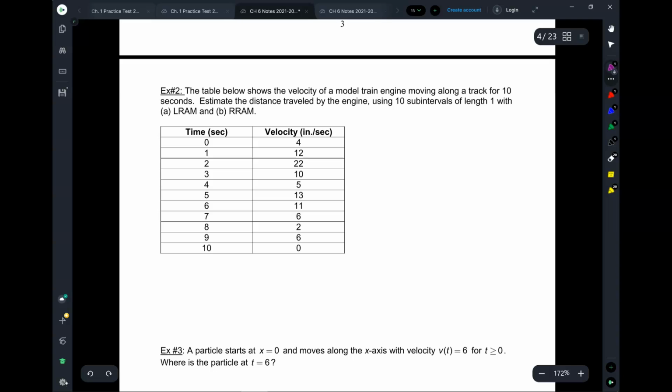Again, we want to estimate the distance traveled by the engine. Well, we can do that because each time, what did we need? We need time and velocity. And if you have time and velocity, then you can calculate the distance, right? Now, we're going to do 10 subintervals of length 1 with Lram and Rram.